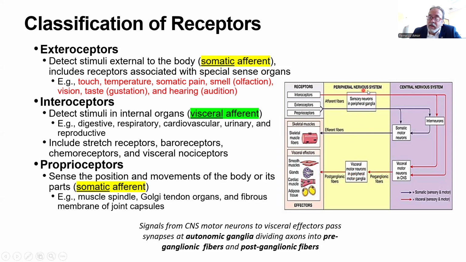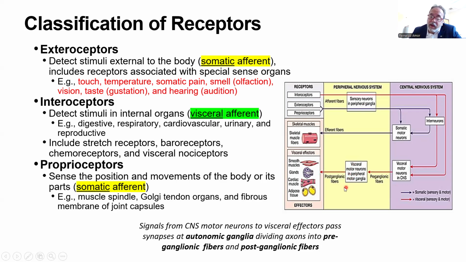them in the peripheral nervous system, or groups of them, and we call that again ganglia, but it's going to be called visceral or autonomic ganglia. These are cell bodies of motor neurons in this case. The ones here are cell bodies of sensory neurons, but these ones are cell bodies of motor neurons.